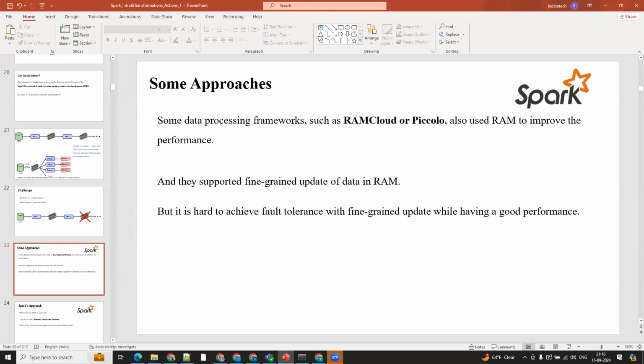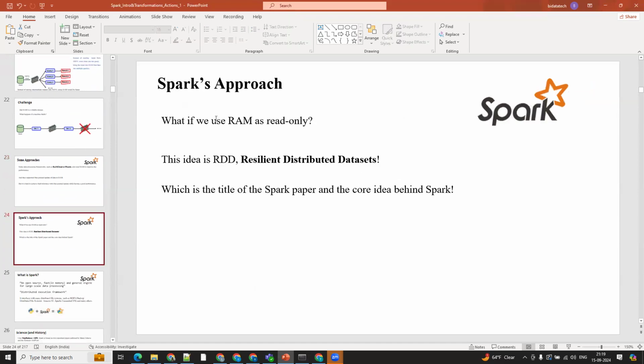But there are some drawbacks in these frameworks. Then what they thought is, we'll try to load the data into the RAM memory and we'll make it read only. I'll tell you why I'm stressing this point, read only here. You'll understand a bit later why they are making it read only, because your RDDs are immutable.